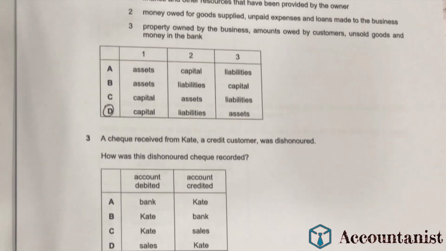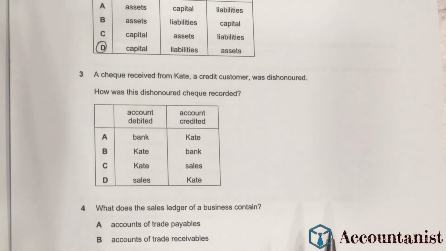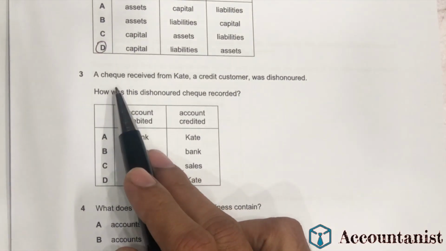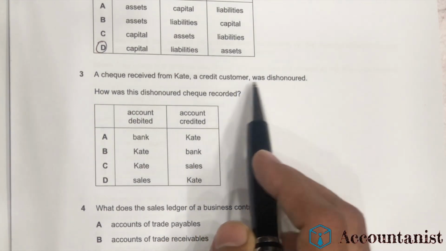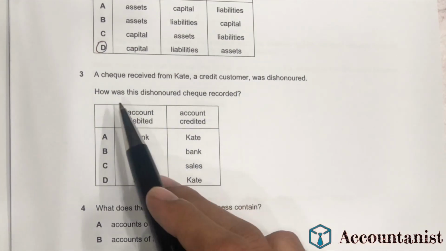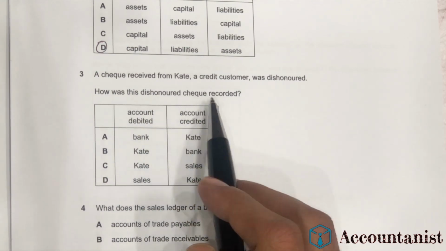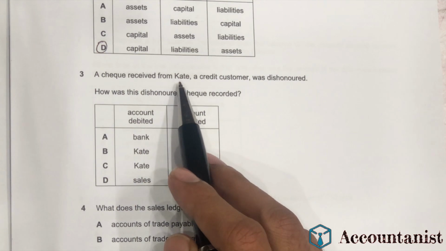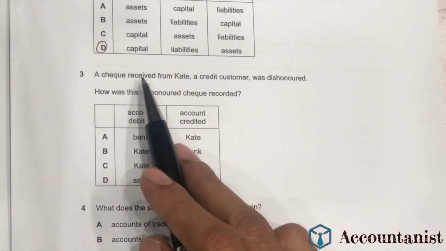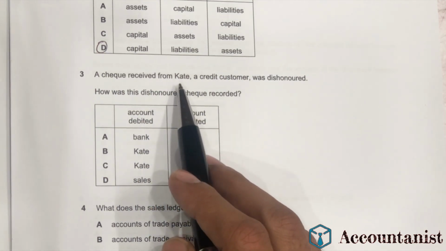In the next question, question number 3, it says a check received from Kate, a credit customer, was dishonored. How was this dishonored check recorded? When we receive a check from Kate, we record it by debiting the bank account and crediting Kate's account.